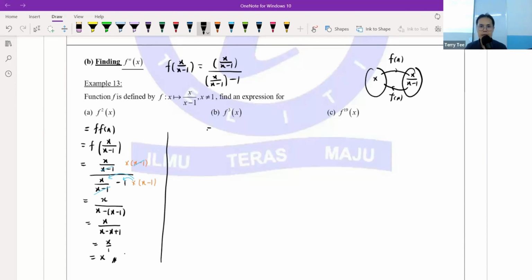So I would write this as f(f2(x)). We know every f2 maps onto x. So this f2 becomes x. So what's your f(x) now? The same as above, which is x over x minus 1. We say x cannot be 1.